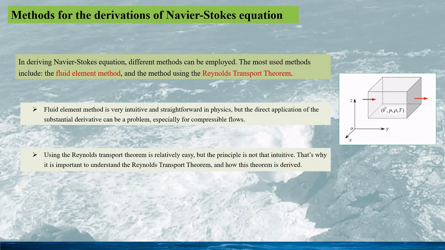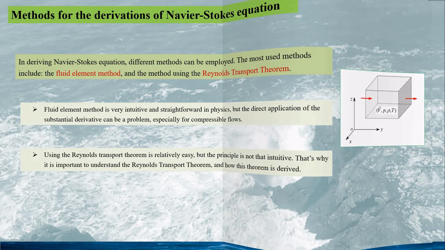While using the Reynolds transport theorem to derive the Navier-Stokes equation is easy, the principle behind the Reynolds transport theorem is not straightforward. This is why we need to derive the theorem, so we can understand the principle behind the theorem. This is the purpose of this talk.